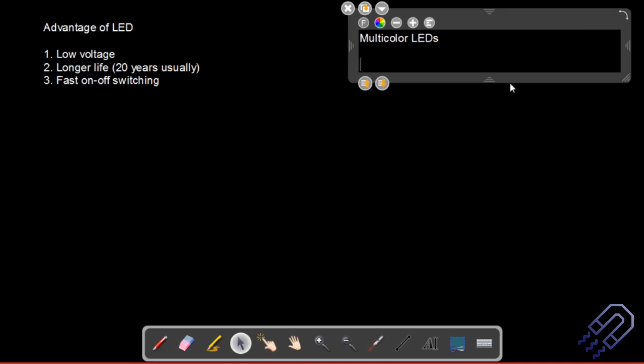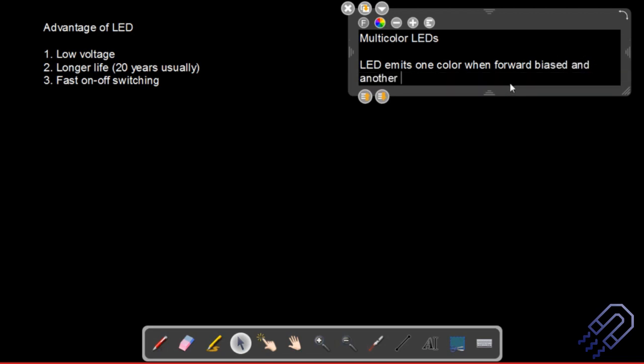Or in general, we can say an LED emits one color when forward biased, and another color when reverse biased. This is basically a multicolor LED.